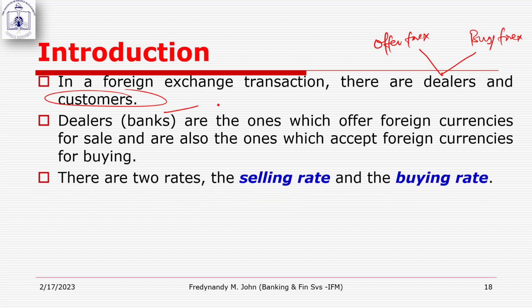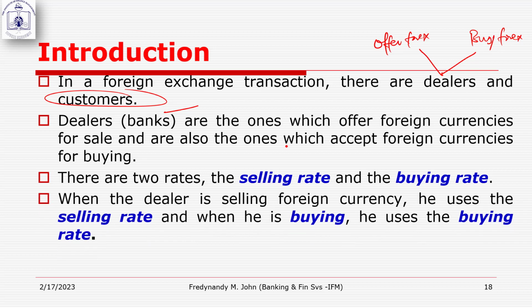Now, in any exchange rate quotation, two rates will be provided. The first rate represents the buying rate, and the other represents the selling rate. Therefore, a proper exchange rate quotation needs to provide you with two rates, one for buying and one for selling.